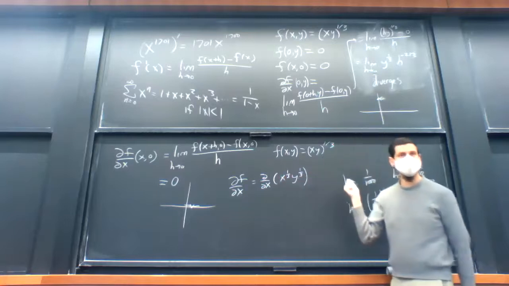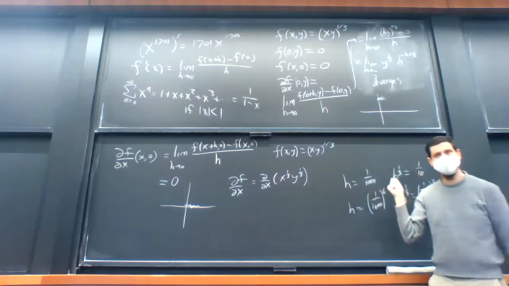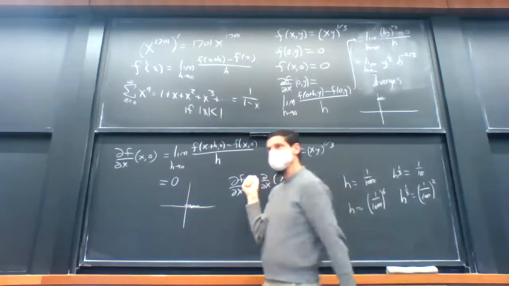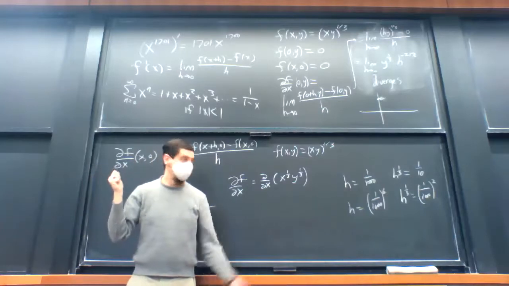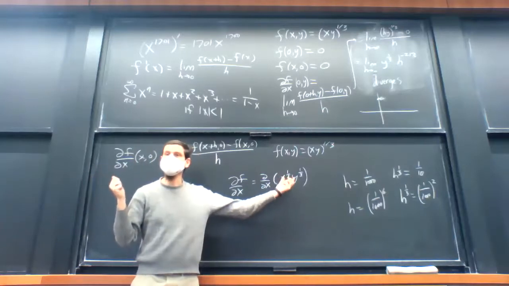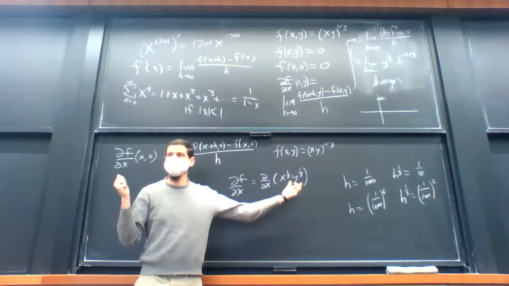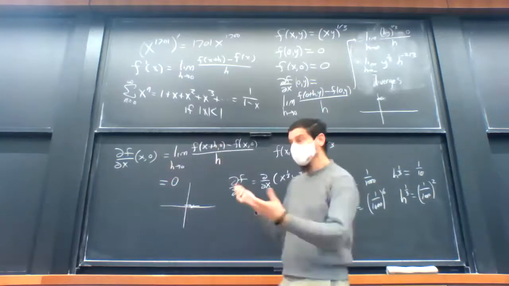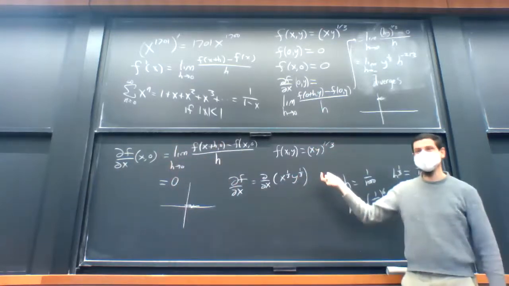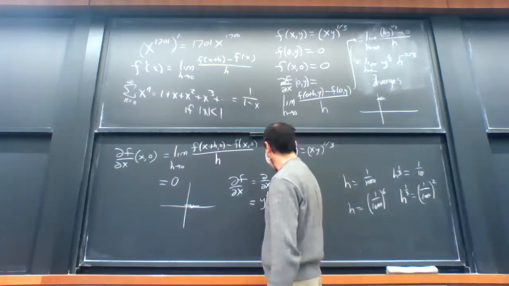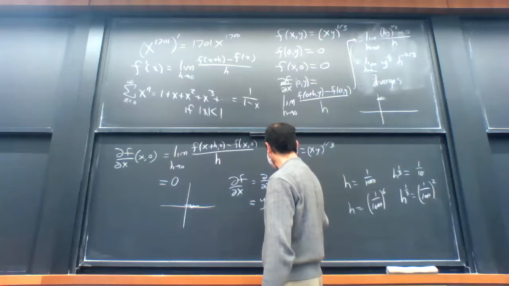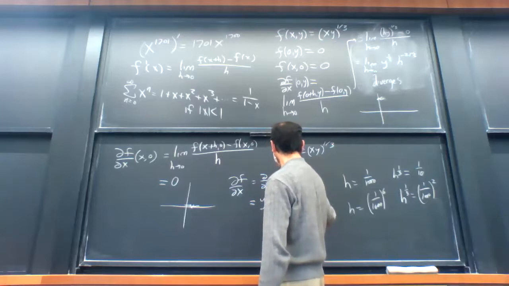What rule should I use? I could use the product rule, but there's an easier rule to use to take this derivative. You treat y as a constant, so what rule should I use? The constant rule. This is just going to be y to the 1/3 d by dx of x to the 1/3.